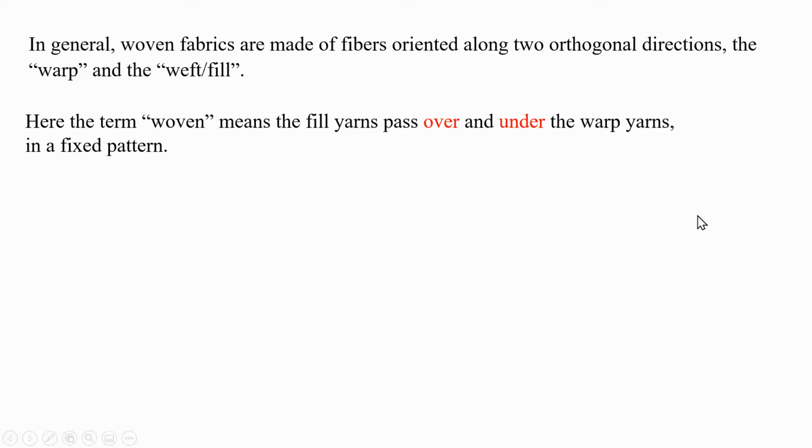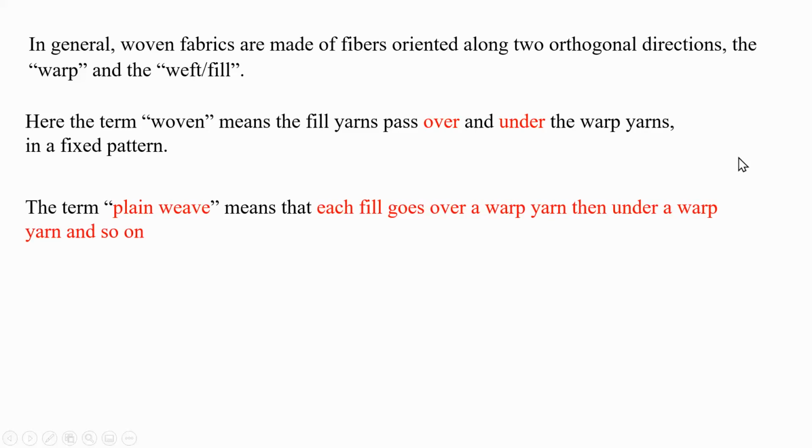Let me put it this way: it is possible to have these yarns sitting next to each other and somehow fixed in place using the resin, or stitches, little stitches keeping them together. But the word fabric means that the yarn, that bundle that I showed you of, for example, carbon fibers, passes over and under the warp yarns in a very fixed pattern.